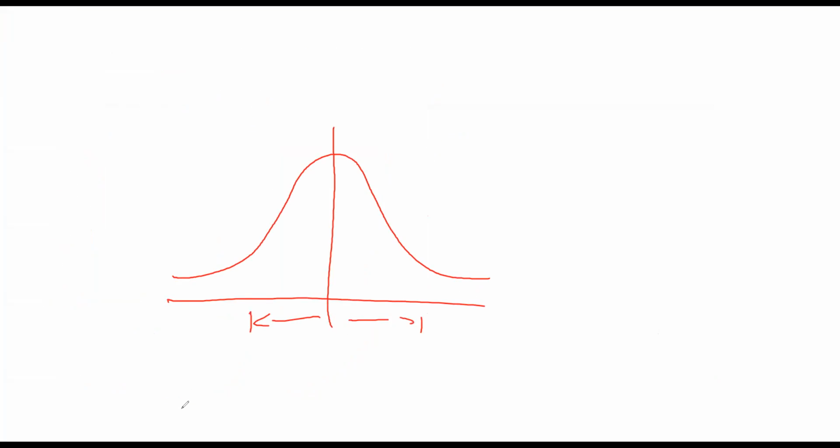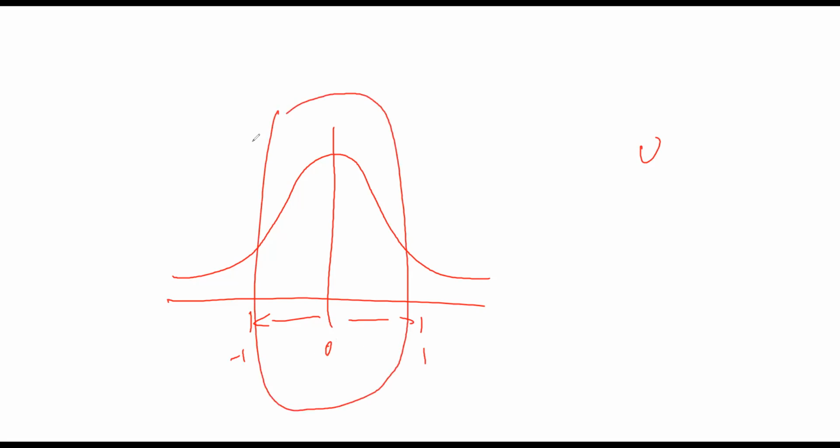So this is 0, and this is -1 and 1. All the values that we're going to generate randomly are going to fall within here. The majority will be around here, but there will be some outliers, and they're going to be within those values. Exactly. Very good. So that's exactly what we're doing.